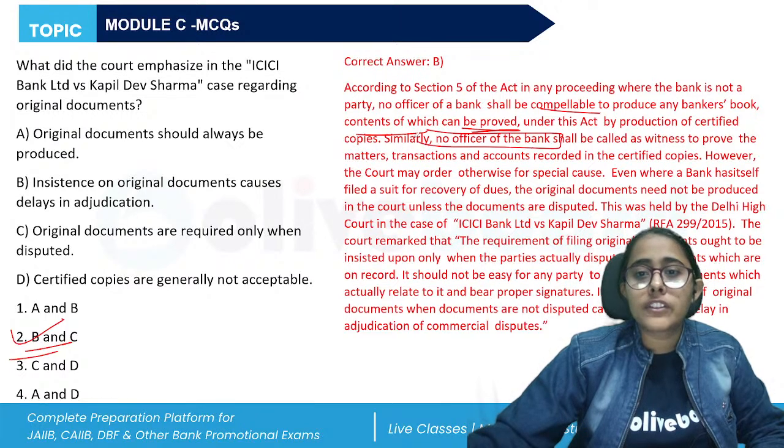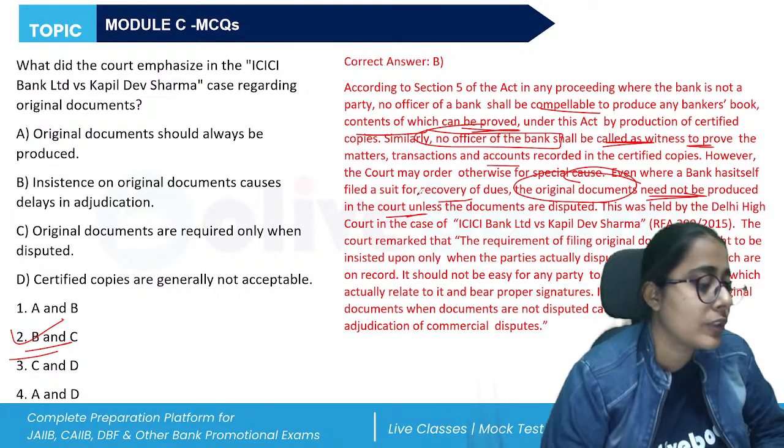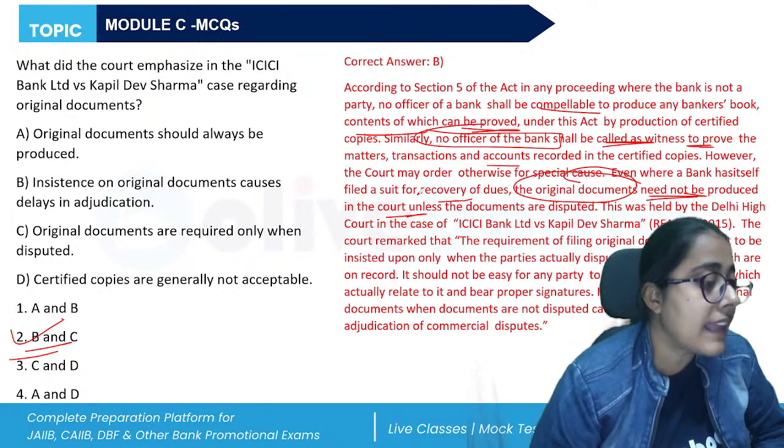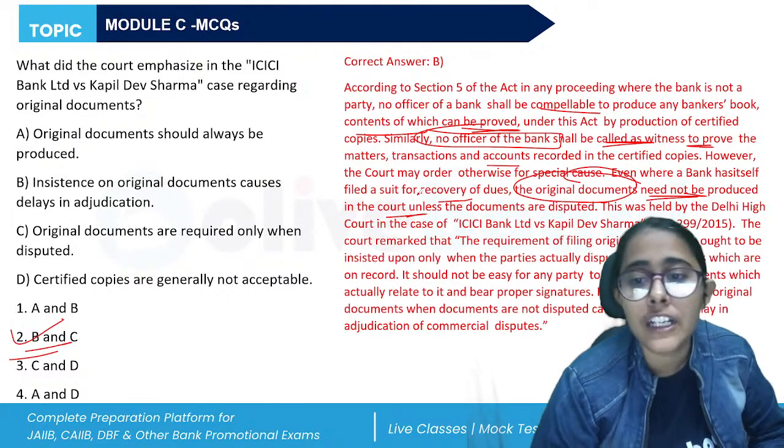Similarly, no officer of the bank shall be called as a witness to prove the transactions or accounts. Even where a bank has itself filed a suit, the original documents need not be produced unless the documents are disputed.